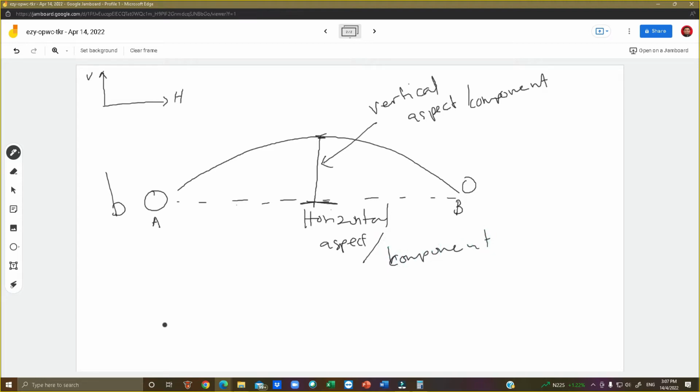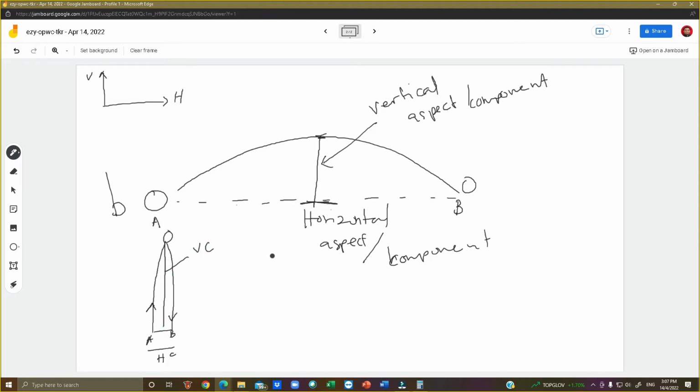For example, we throw something upwards. Kita baling guli ke, duit shilling ke, and you are going to notice it goes downwards. We throw it up, it goes down. So this is A, this is B. This is horizontal component. And from the base to the peak, this is vertical component.